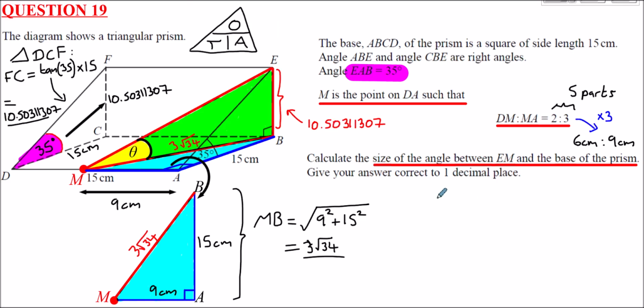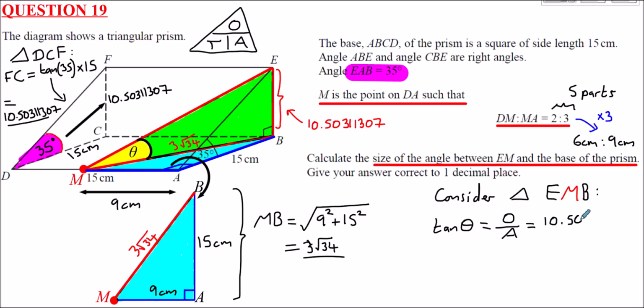So now, if I just consider triangle EMB, tan of theta is the opposite over the adjacent, which is 10.503 11307 all over 3 root 34.